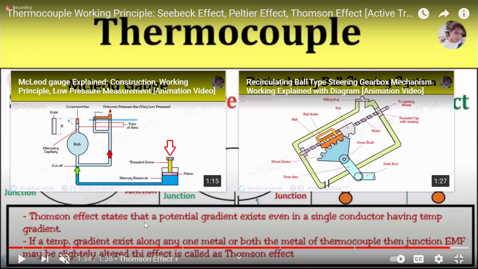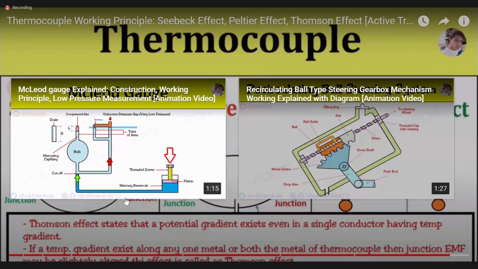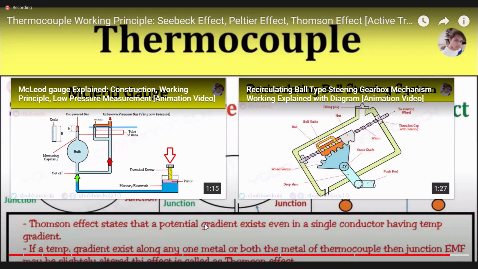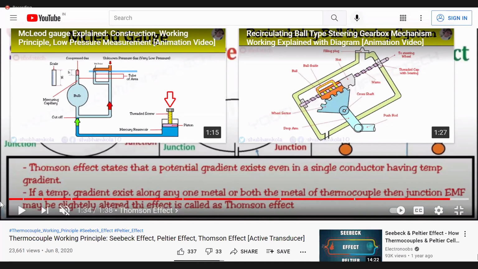Thomson effect states that a potential gradient exists even in a single conductor having temperature gradient. If temperature gradient exists along any metal or both the metals of thermocouple, then junction EMF may be slightly altered. This effect is called Thomson effect.